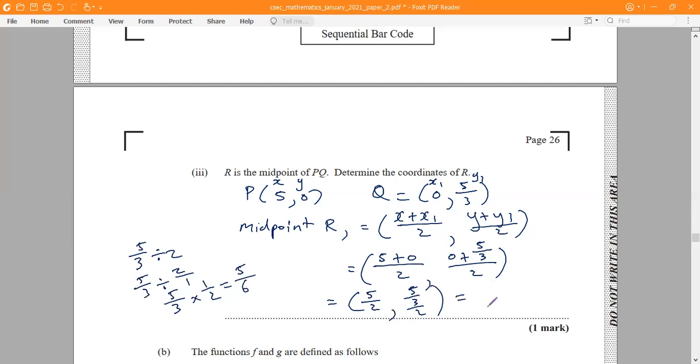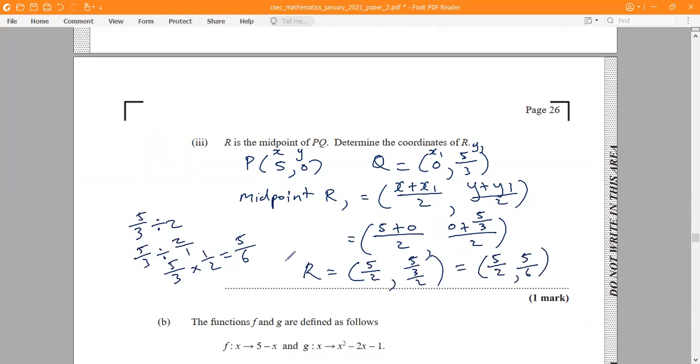So we end up getting 5 over 2, comma, 5 over 6, as the coordinates of R, the midpoint of PQ.